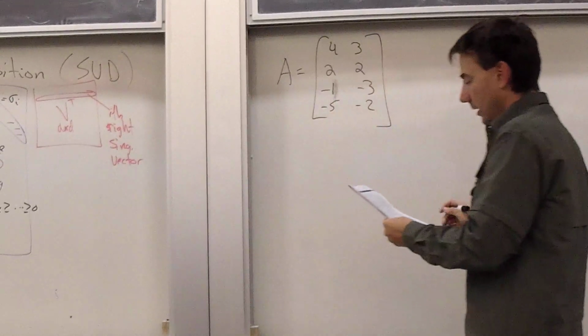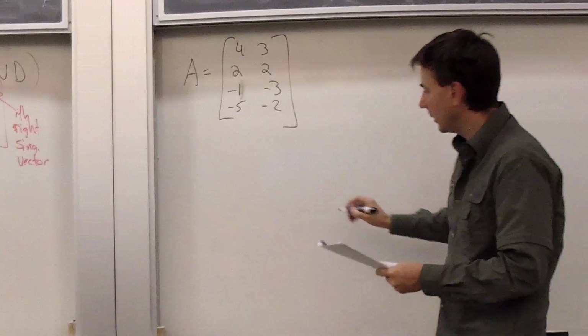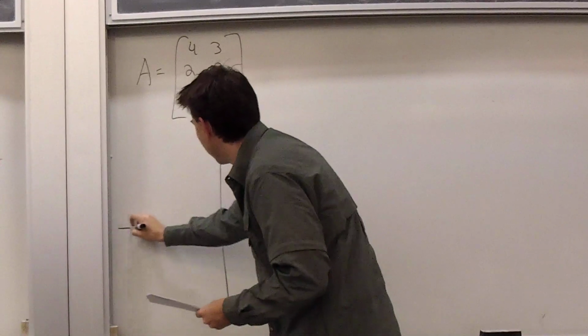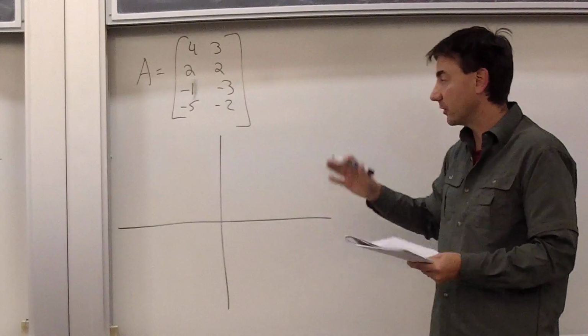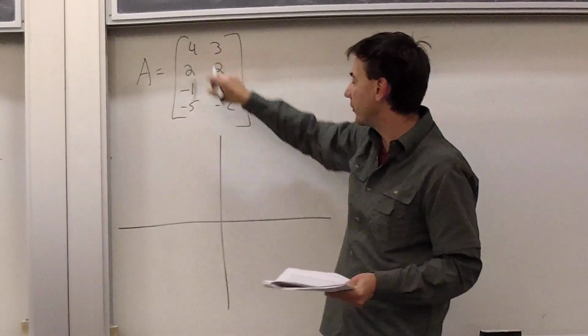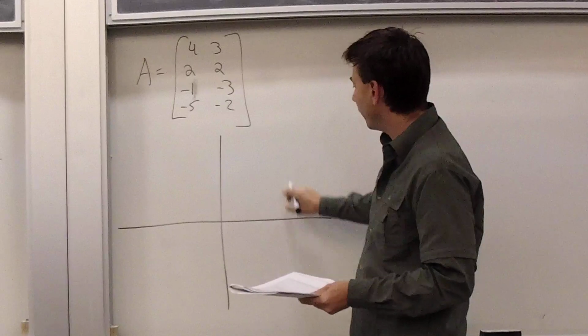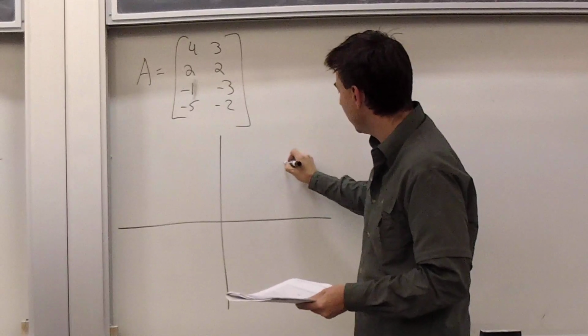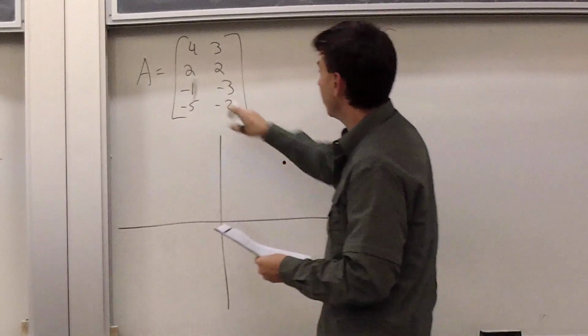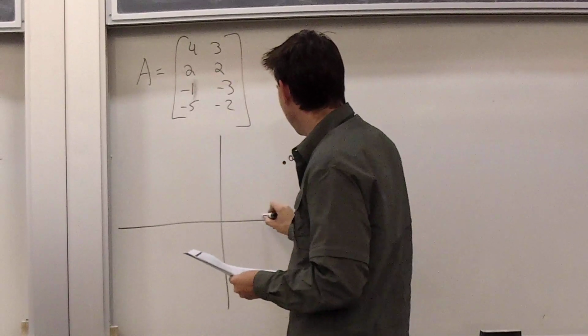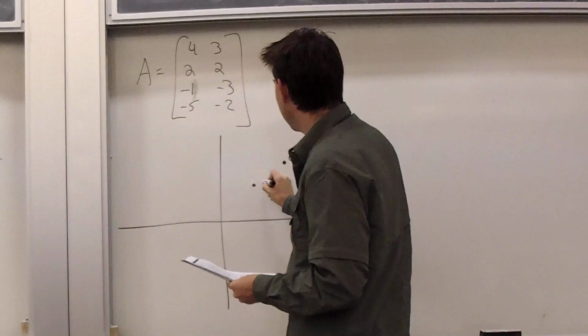Okay, and I can actually draw these points. I can think of these as 4 points in 2-dimensional space. The first point has x coordinate 4, y coordinate 3. Right, this may be A1. This one has 2 and 2, so it might be right here.